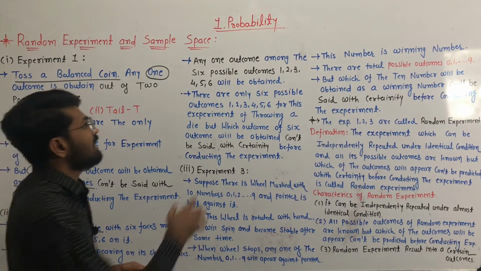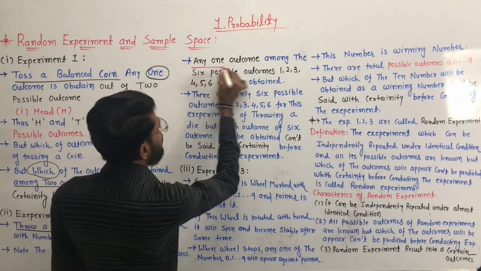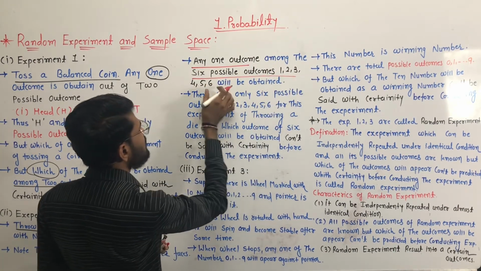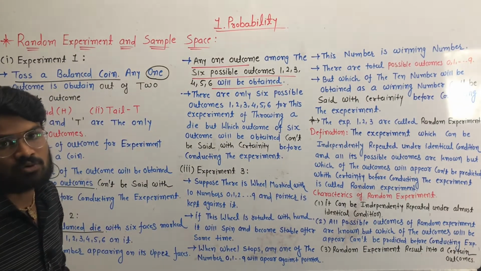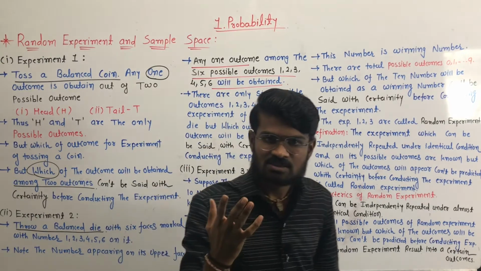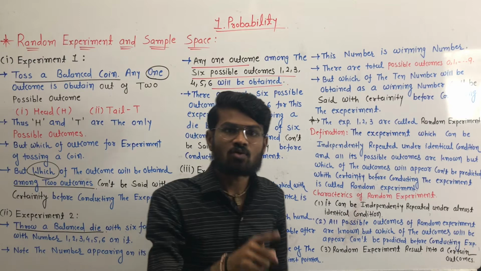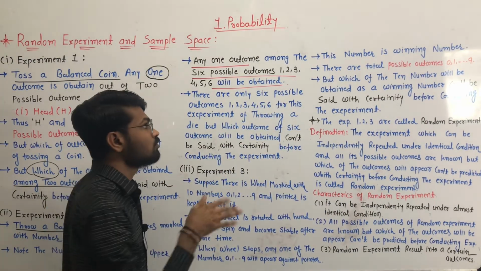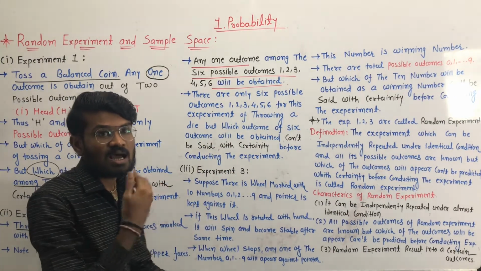Then any one outcome among the 6 possible outcomes 1, 2, 3, 4, 5, 6 will be obtained. Out of these 6 outcomes we will get only one outcome: either 1, 2, 3, 4, 5 or 6.